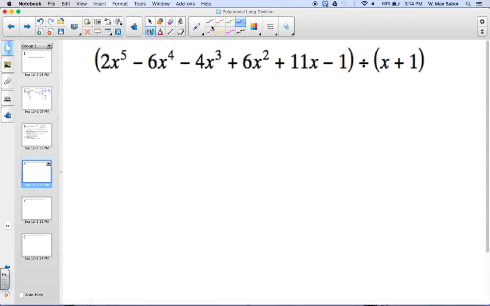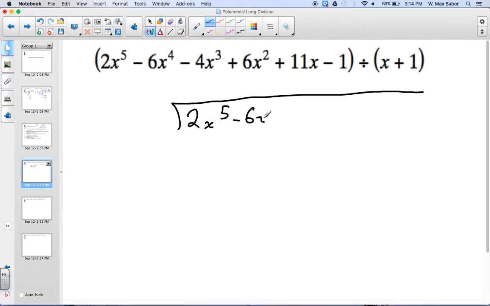So I have 3 practice problems just so you get some examples in. Step 1, write the dividend. There are no placeholders necessary because each term is represented. There's no missing x cubed.